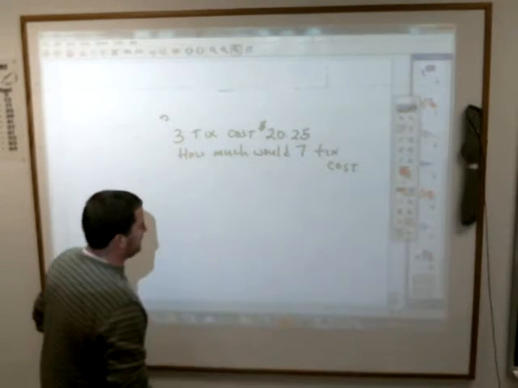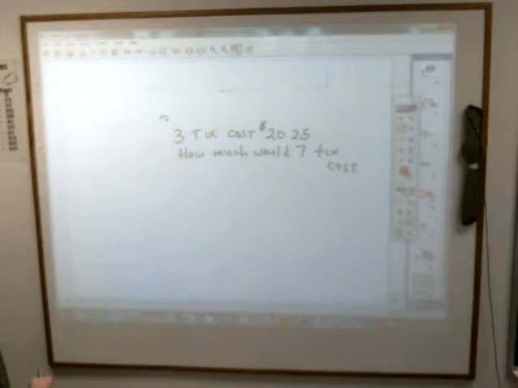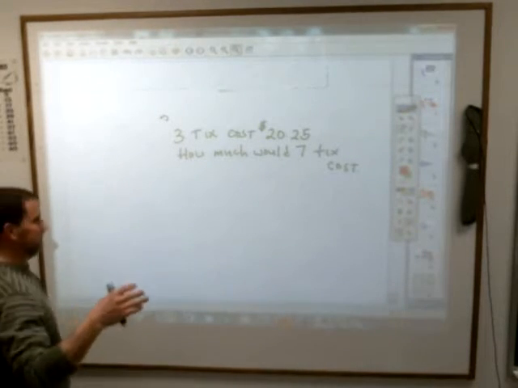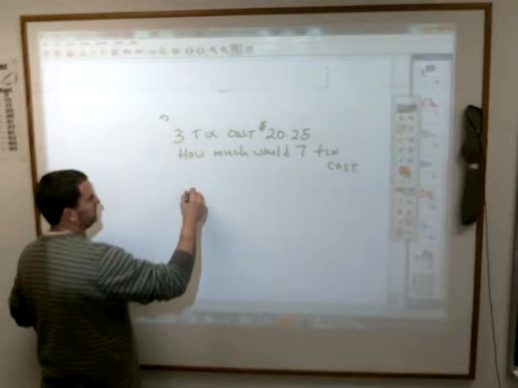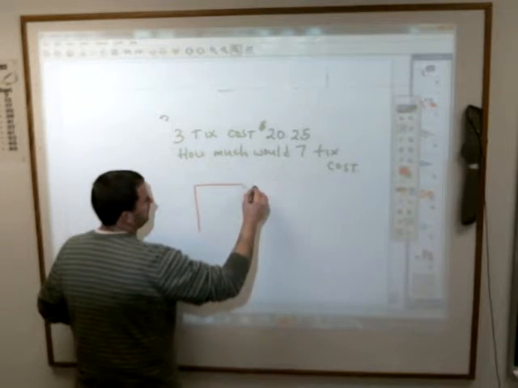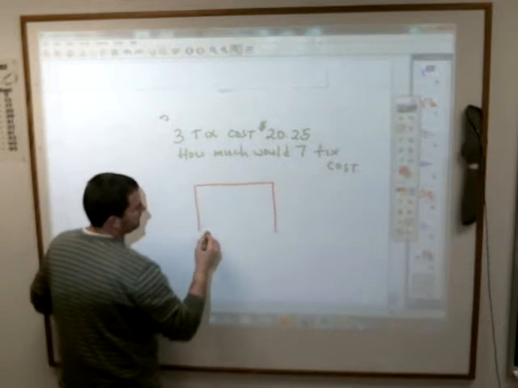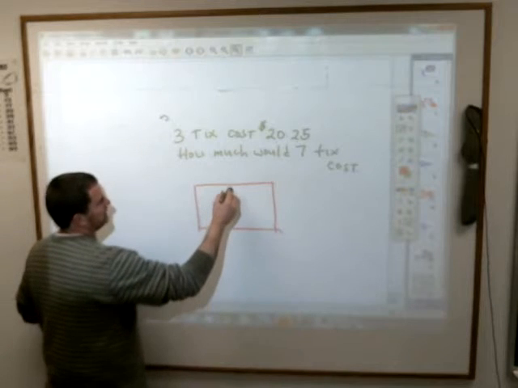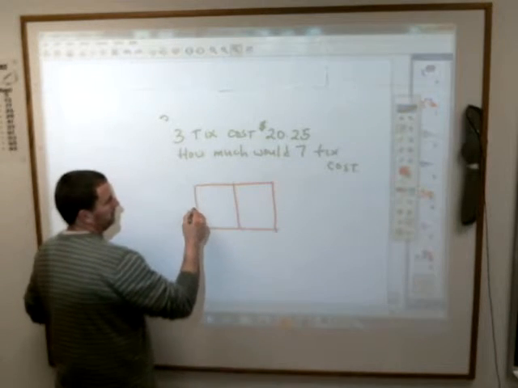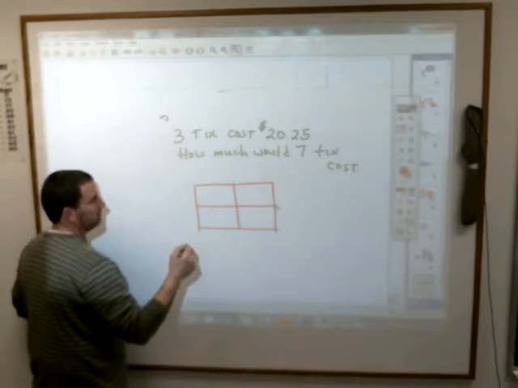And some of you out there might say, well, why don't you find out how much 1 ticket costs and just multiply it by 7? Sure, why not? That floats your boat, but we're gonna do it this way. By the way, I've never said my way is the only way to do this. I just said, don't do it your way and then ask me how to do something.